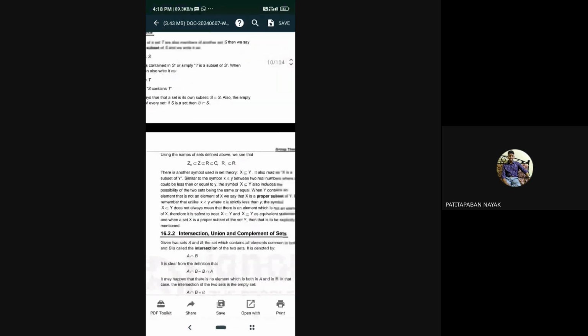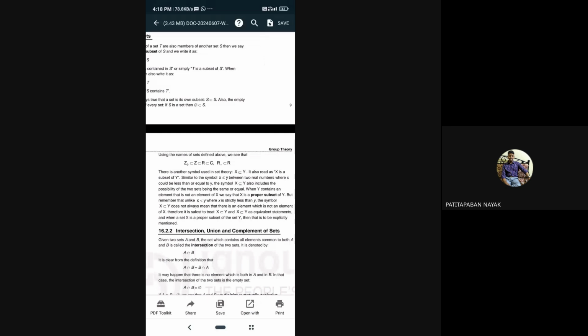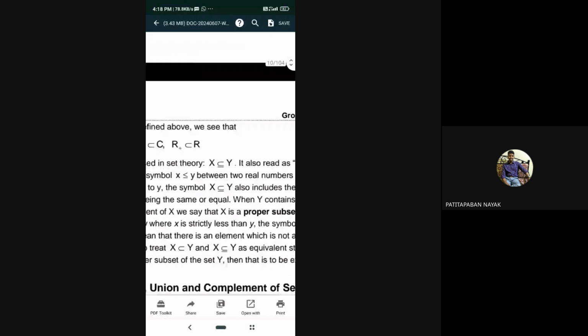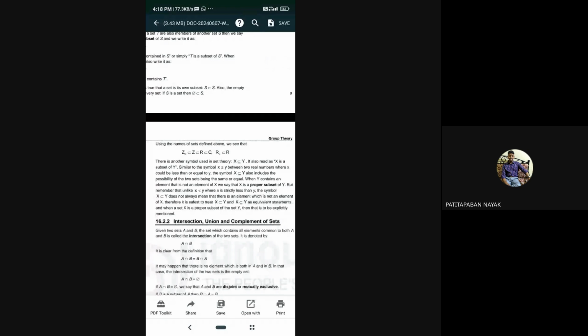There is another symbol used in set theory, which you see here on the screen. It is read as X is a subset of Y, similar to the symbol X is smaller than or equal to Y between two real numbers, where X could be less than or equal to Y. So this symbol also includes the possibility of two sets being the same or equal.